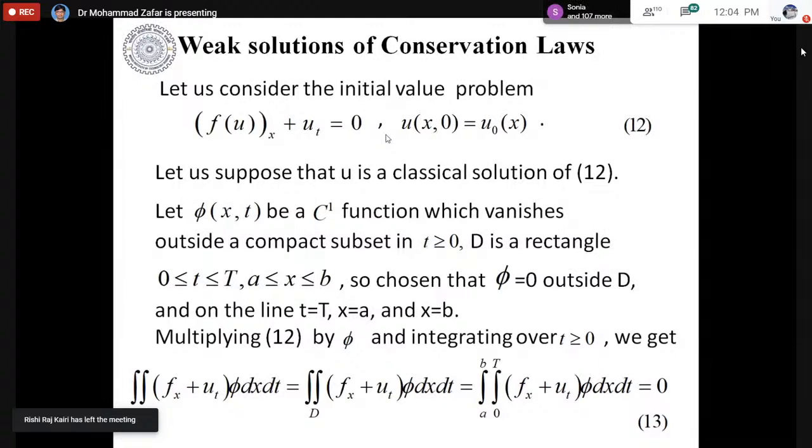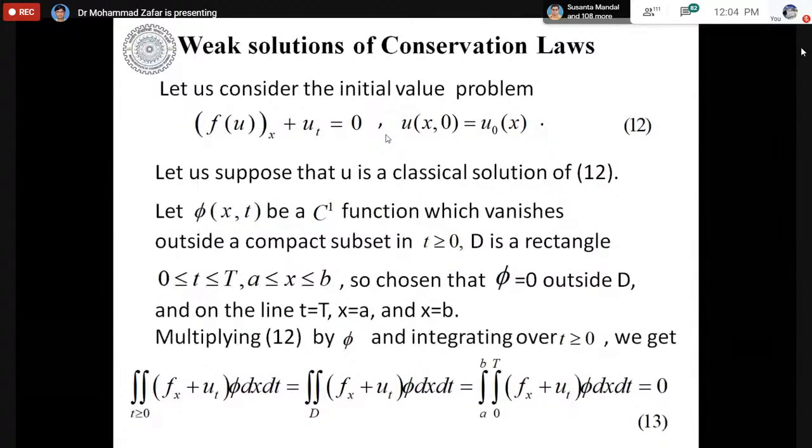Now let us suppose that phi(x,t) is a test function, which is a C1 function. That means its first partial derivatives are continuous.